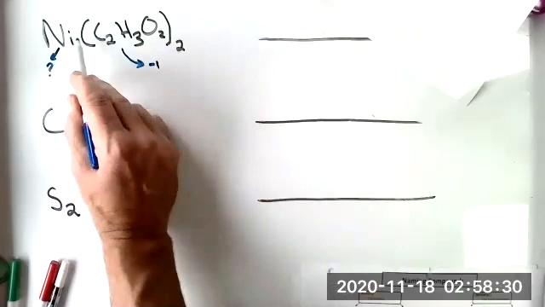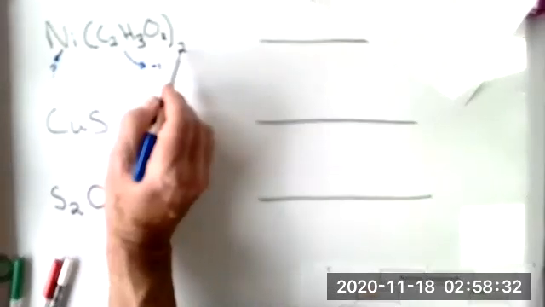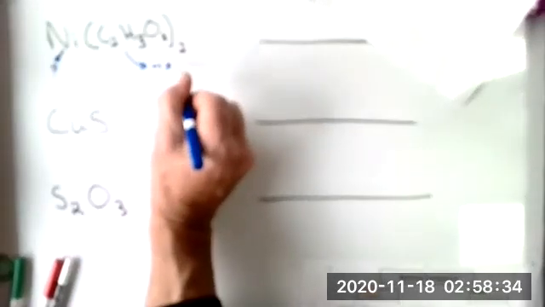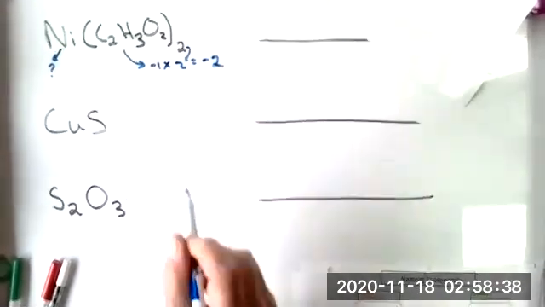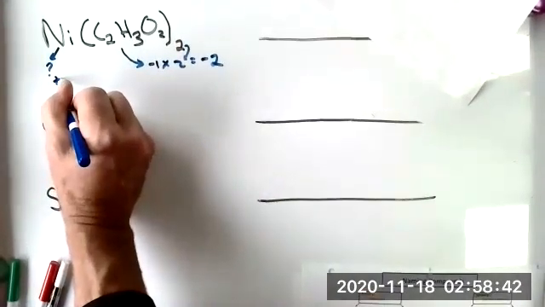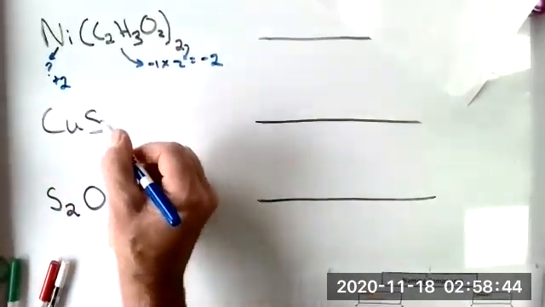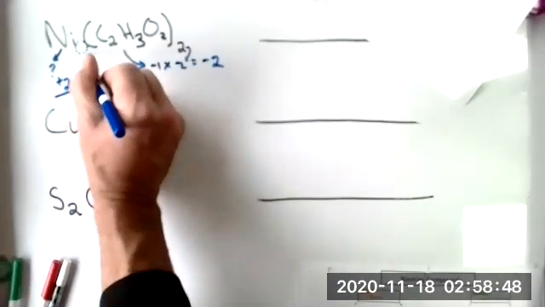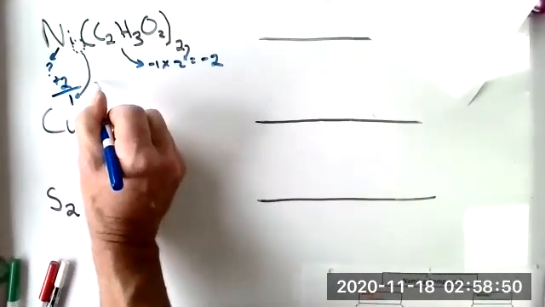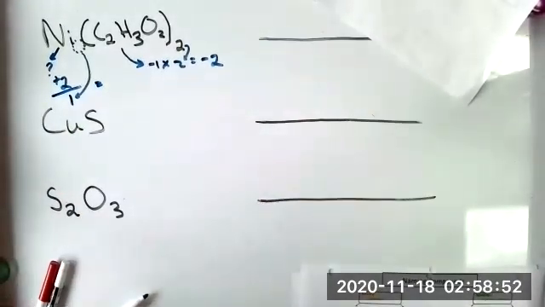But I see parentheses in the formula, and I see this number on the outside. That tells me that I have 2 of them, which gives me -2. Well, if that side's -2, this side's got to be the opposite at +2. Get your eyes right here and see what number is there. Oh yeah, there's only a 1 there. +2 divided by 1 is 2.